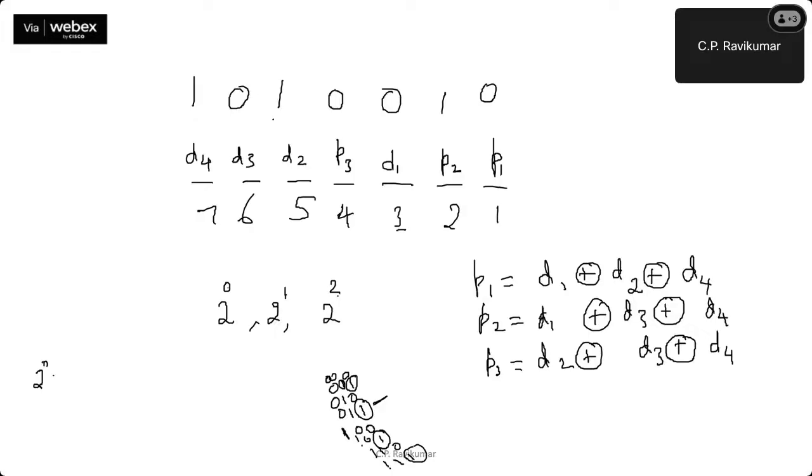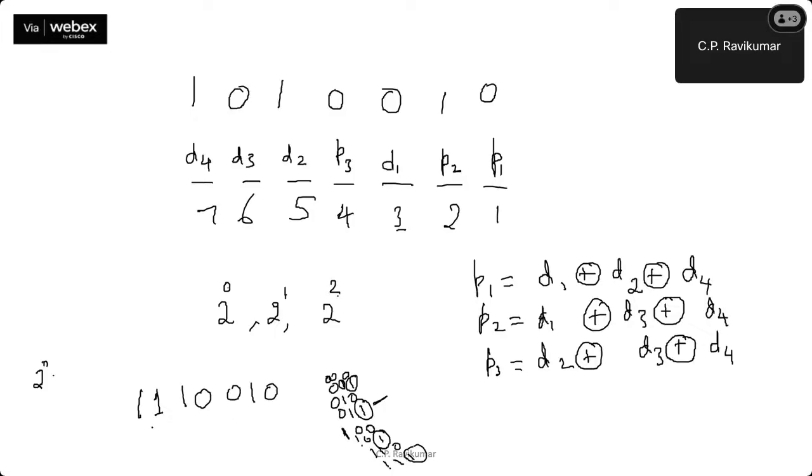Now, how does this work? See, suppose something goes wrong and we end up reading 1100, etc. Suppose 11100010 is read. Okay, so something went wrong and we read a 1. It may be a stuck at fault or something like that. So we recompute P1, P2, P3.